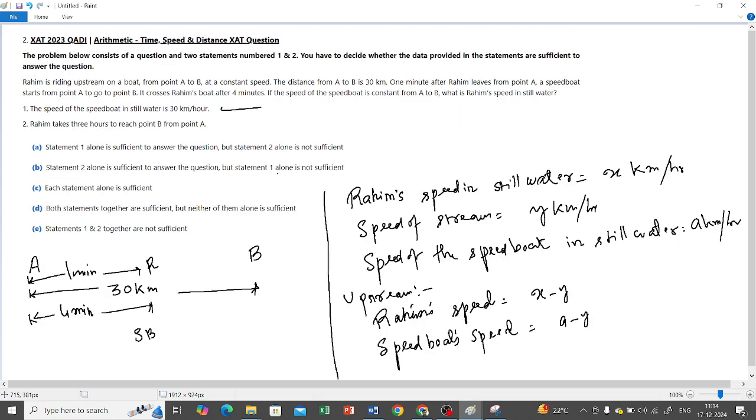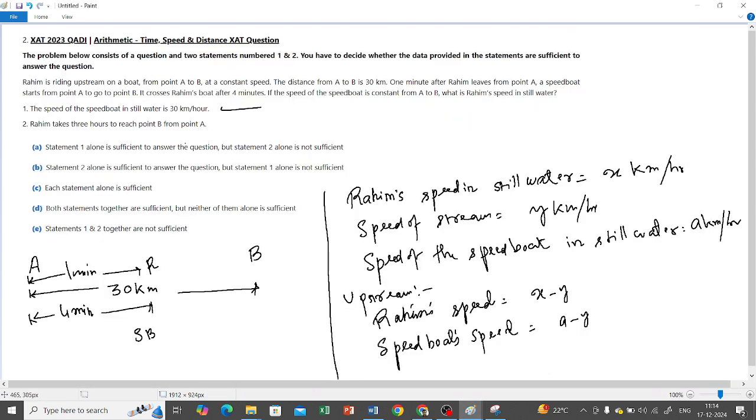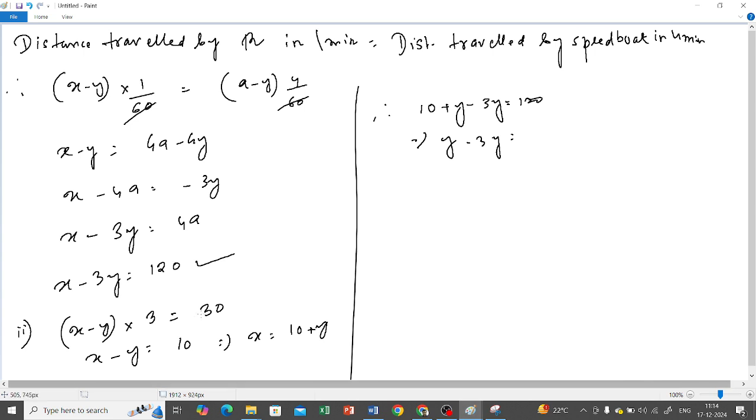Rahim takes 3 hours to reach point B from point A. So x minus y into 3 hours, and what is the distance? 30 kilometers, right?